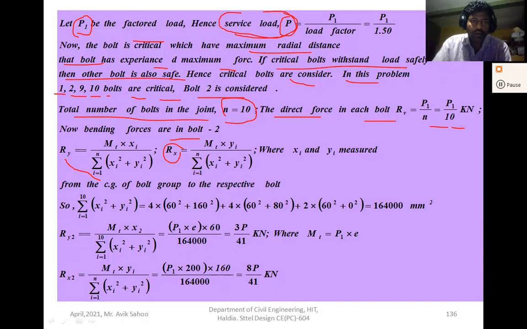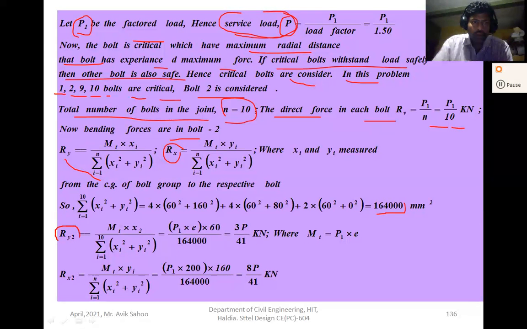Now the summation from i equal to 1 to n means the 10 bolts. So we sum up the squares of the x coordinate and y coordinate, and we get the value 1,64,000 millimeter square.